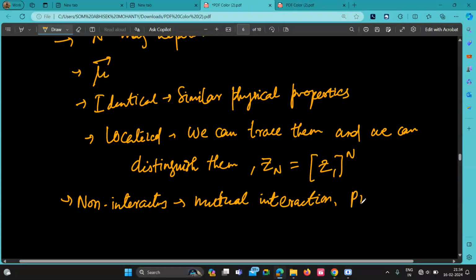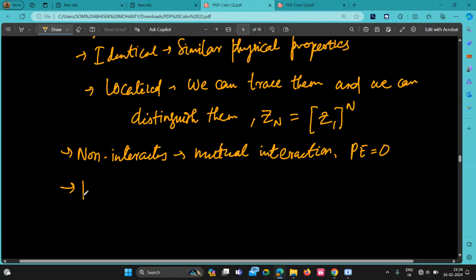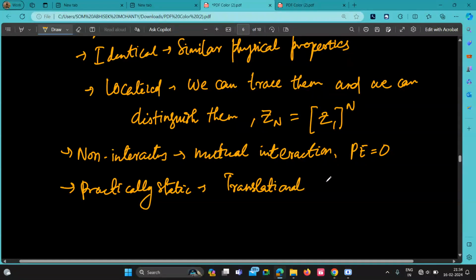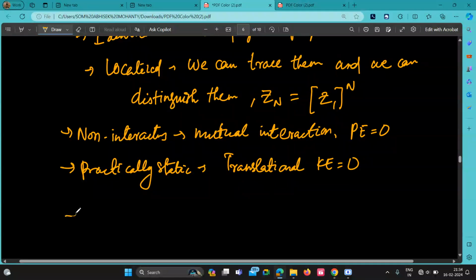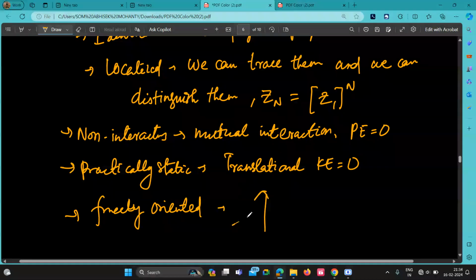Practically static means translational kinetic energy is zero. Freely oriented means they can orient in any direction.